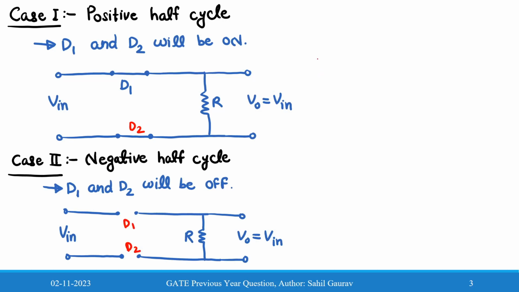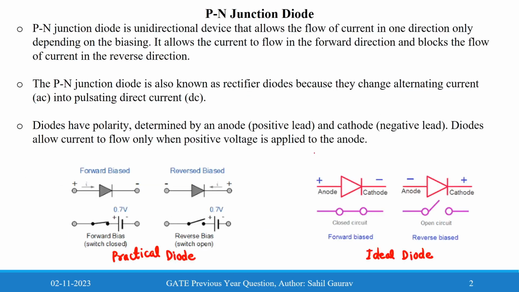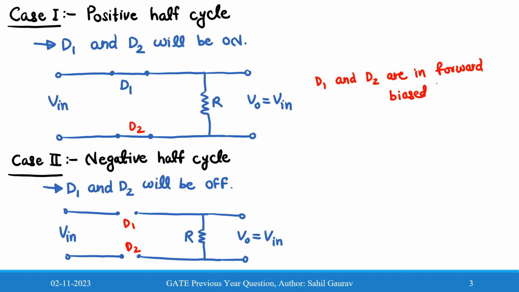So here D1 and D2 are in forward bias, as we have seen in the previous slide.